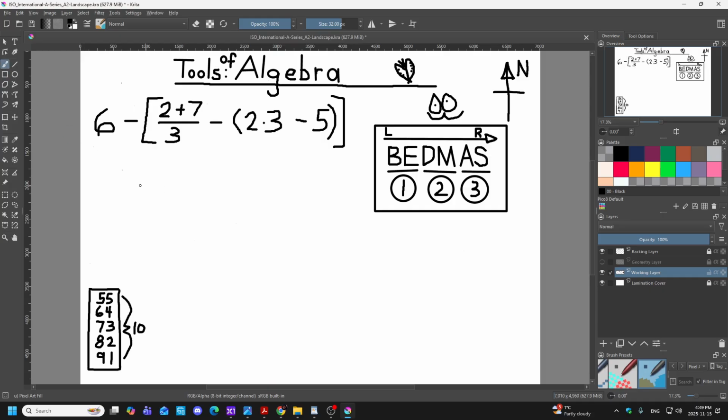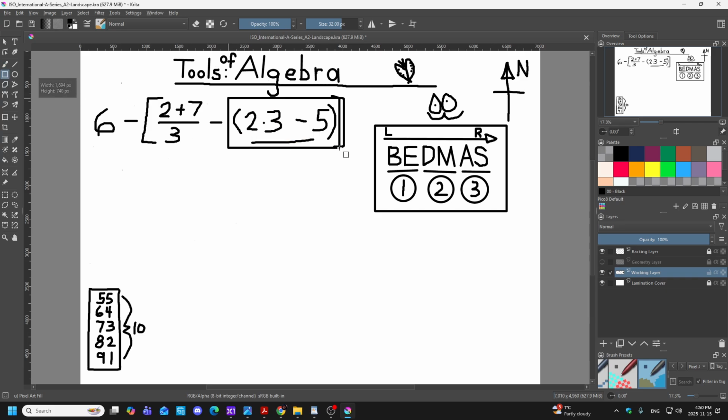So, looking at this, I like the way they've written this. This is great. It's numerator over denominator, so it's nice and clear. It's perfect. And then we have subtraction and brackets. The brackets create the separation. Okay, guys and gals?